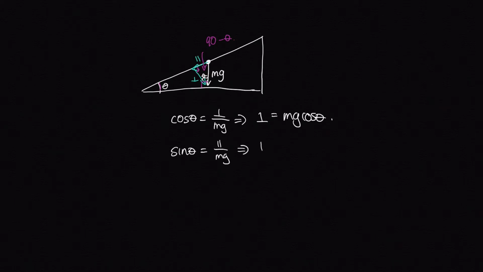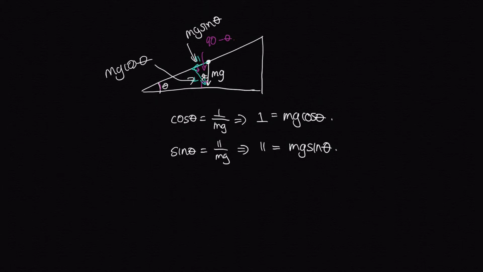So this tells us that our parallel side is equal to mg sine theta. So we now have split our weight force into two components. Here we've got mg sine theta, which is what's pulling it down the plane. And here we've got mg cos theta, which is what's pushing it into the plane.